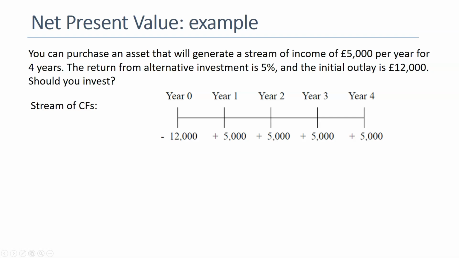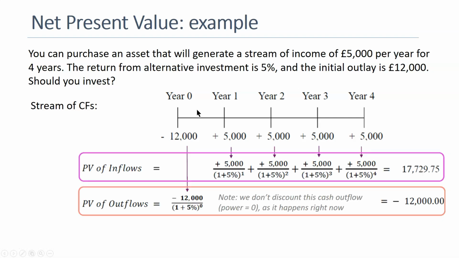Now, because of time value of money, we know that any distant cash flows are worth less compared to the recent cash flows, and we need to bring them all to a common denominator. We need to calculate the present value of all of these future cash flows. We need to bring them all into the present. And to do so, we apply a relevant discount factor using our normal discounting formula.